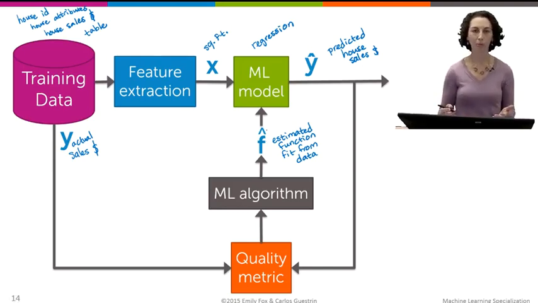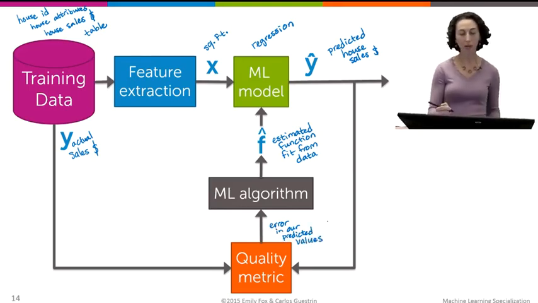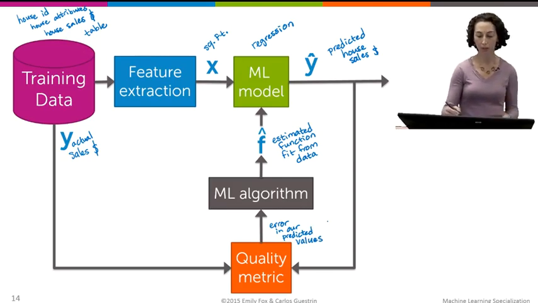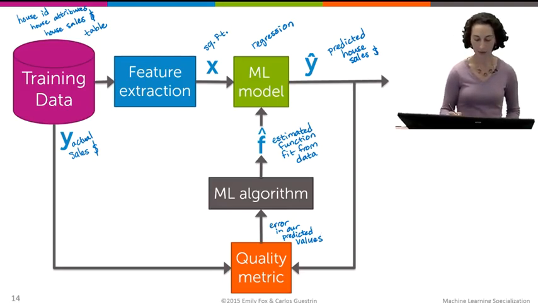We're going to say, how well did we do? And that's what the quality metric is. So there's going to be some error in our predicted values. And the machine learning algorithm we're going to use to fit these regression models is going to try to minimize that error. So it's going to search over all these functions to reduce the error in these predicted values.